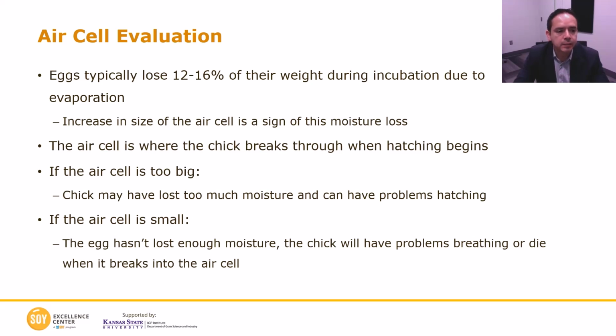But if the air cell is too big, then chicks might have lost too much moisture and can have problems hatching. If the air cell is too small, then the egg hasn't lost enough moisture. Then the chick will have problems breathing or die when it breaks into the air cell.